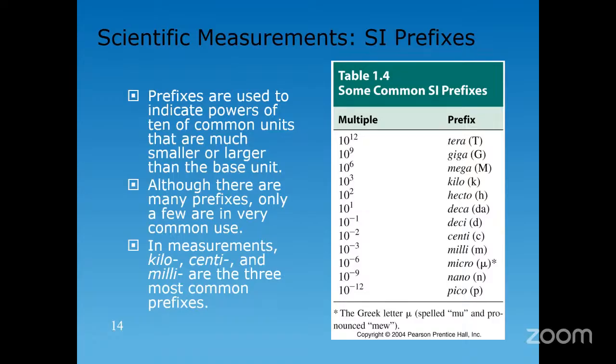The example I gave is the dimensions of an atom. As you can imagine, that's very small. And also, if you're looking at large numbers representing, for example, the distance between the moon and the Earth or the mass of a planet, then we can find the metric system useful also for expressing those measurements.